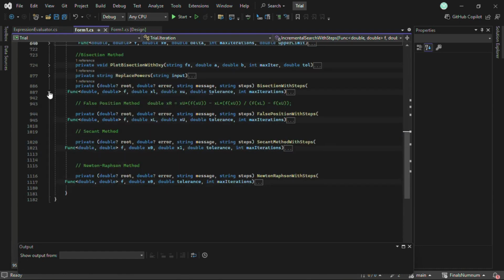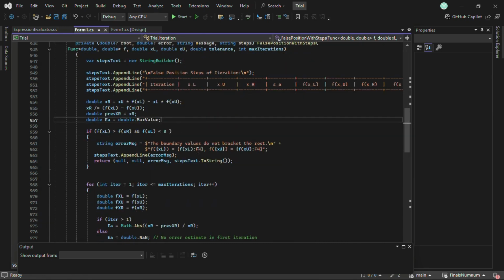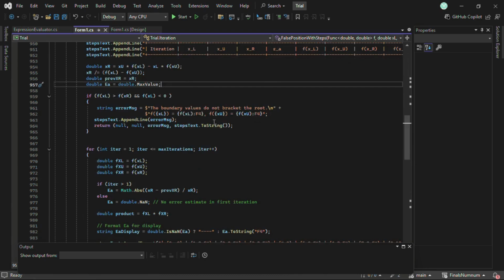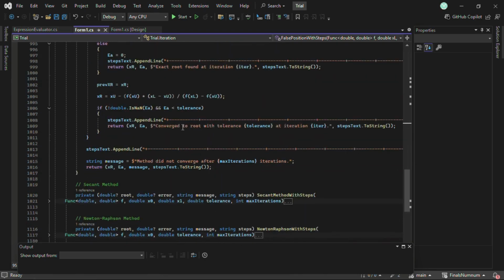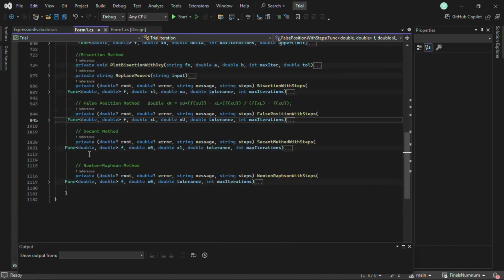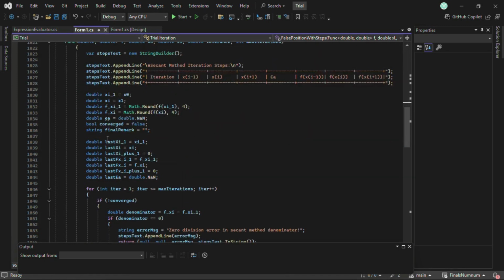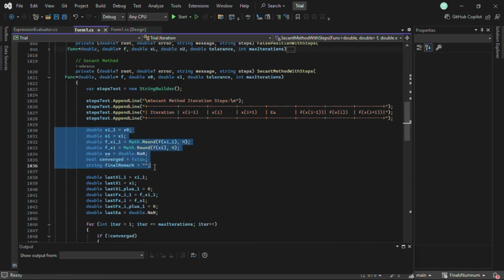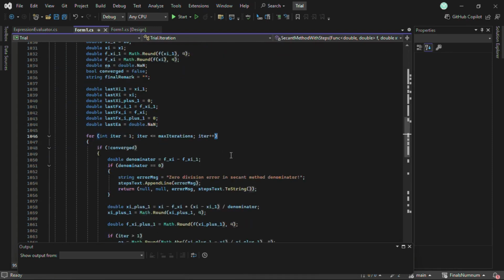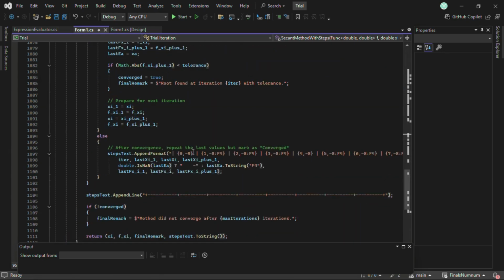Next up is my false position method, where this is the iteration table together with its formula. Next up is my secant method, the formula, then my code.